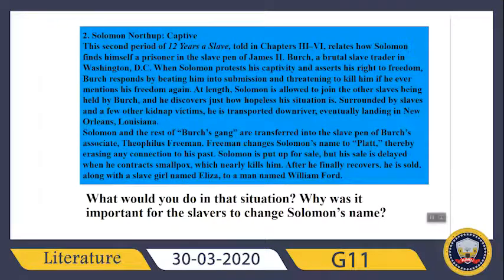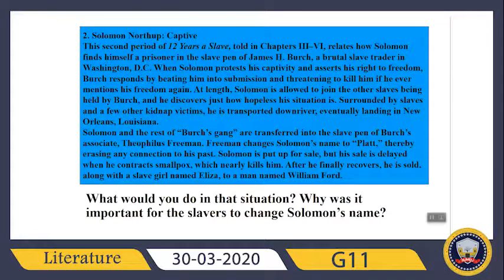Now, in the second part of his narrative, which covers chapters 3, 4, 5, and 6, Solomon tells us about his captivity and the time when he was being sold to different slave owners.